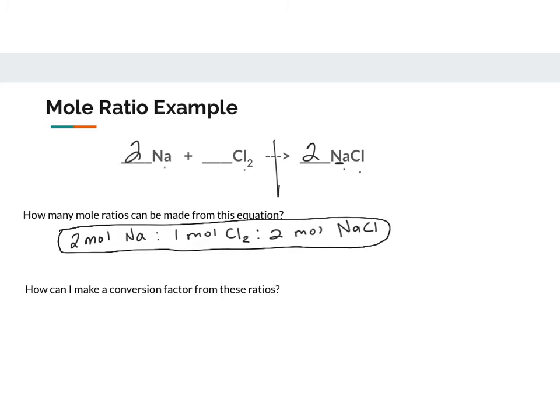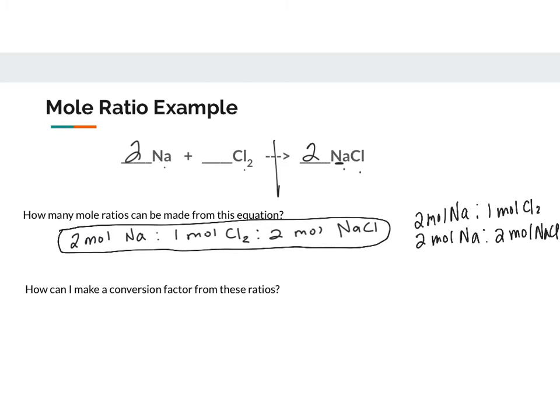So for example, I can say that I have 2 moles of Na and I can compare that to Cl2. So 1 mole of Cl2. I can also say that 2 moles of Na, the ratio to NaCl is 2 to 2.